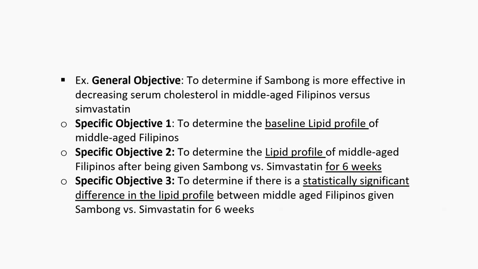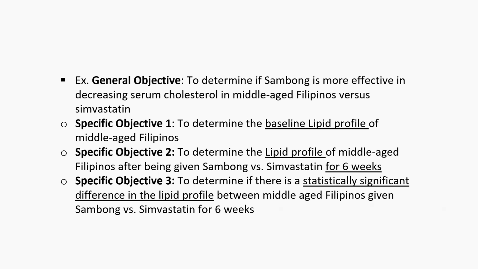Another example, so back to Sambong. To determine if Sambong is more effective in decreasing serum cholesterol in middle-aged Filipinos versus simvastatin. So you want to have logically sequenced specific objectives. Your specific objective one is to determine the baseline lipid profile of middle-aged Filipinos.